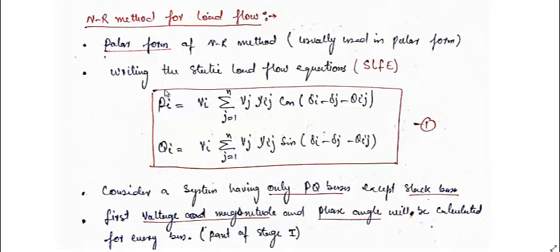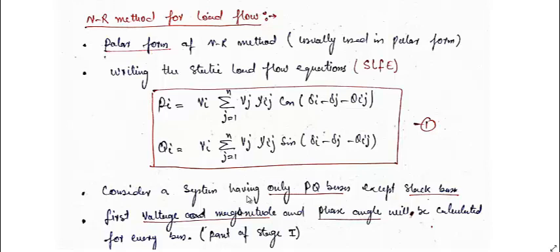So writing the static load flow equations, we know that Pi is equal to Vi summation j is equal to 1 to n Vj Yij cos of (delta i minus delta j minus theta ij). Similarly, Qi will be seen, only the difference will be the sign term. These are the static load flow equations, and here we'll consider a system having only PQ buses except the slack bus.